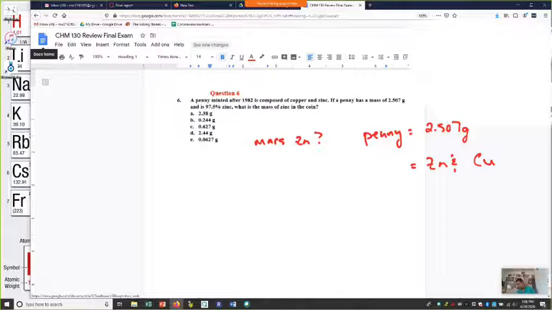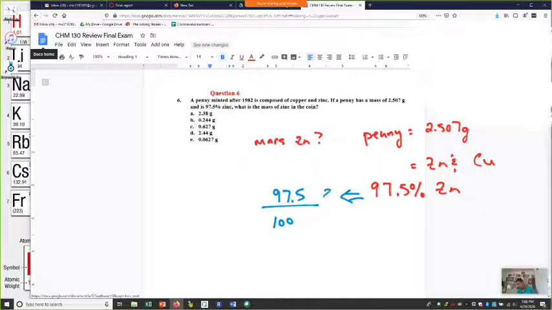And then we are also told that that penny is 97.5% zinc. Well, if we take what that 97.5% means, 97.5 per 100, that's our percent.